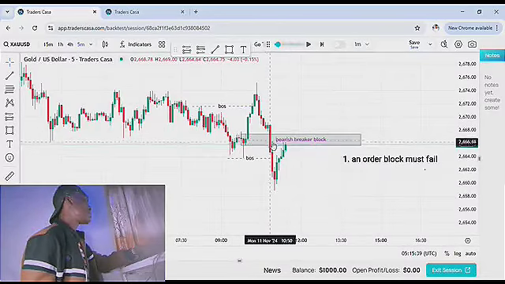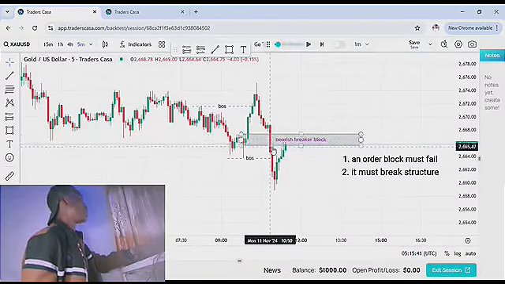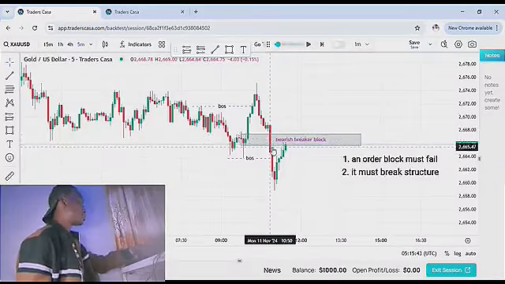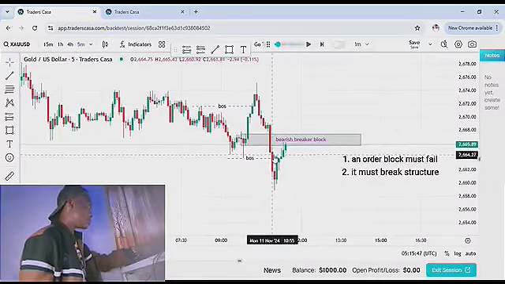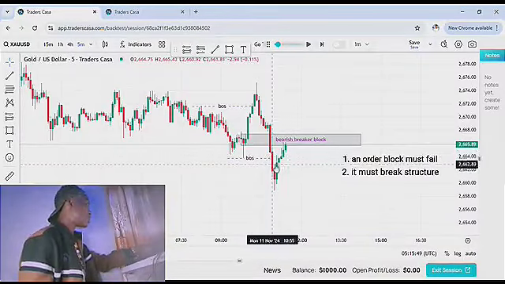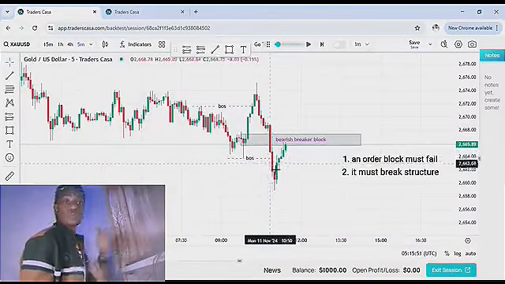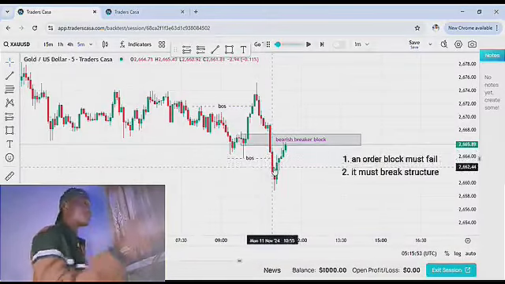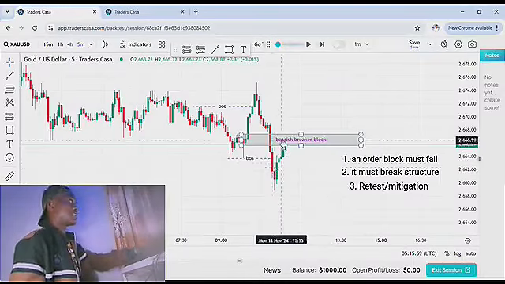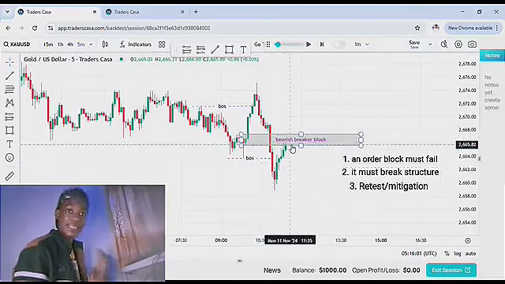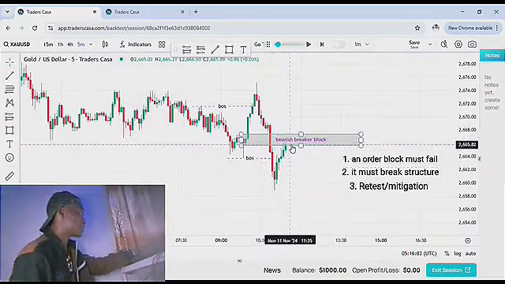You can see right here, this can break the order block, and also it has to break the structure right here. And guess what? It did break the structure right here. This can break this structure, so it's valid. That's number 2. Then number 3, to retest. That's it. You can see right here, it retested it. It has retested the zone.